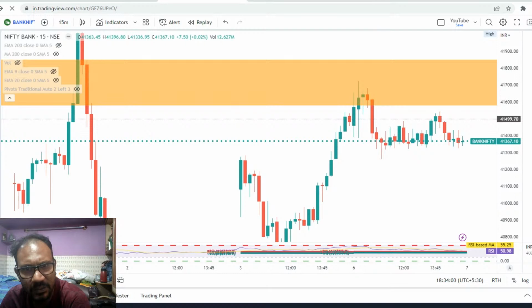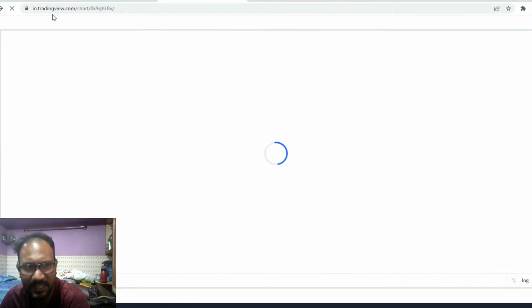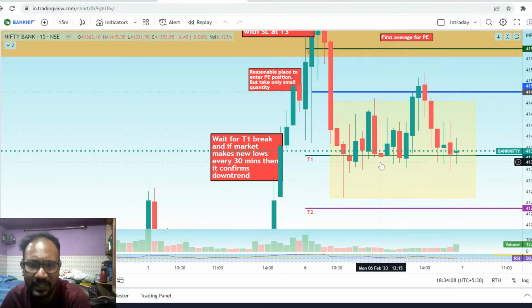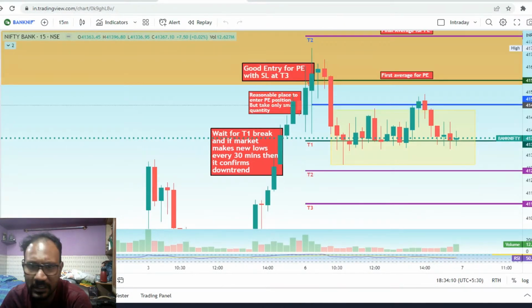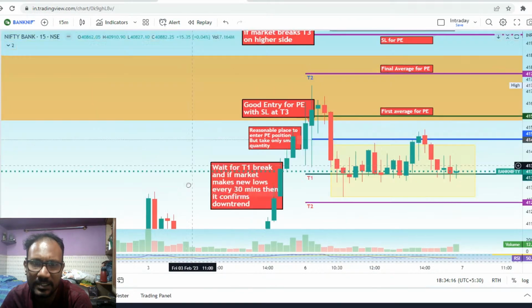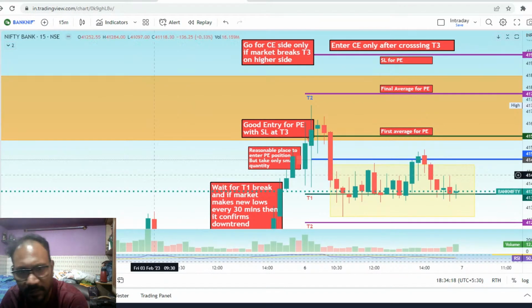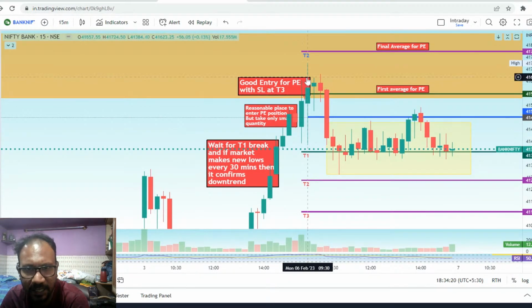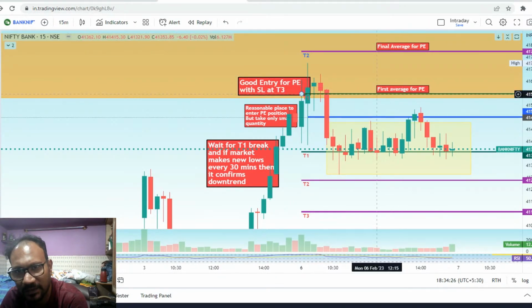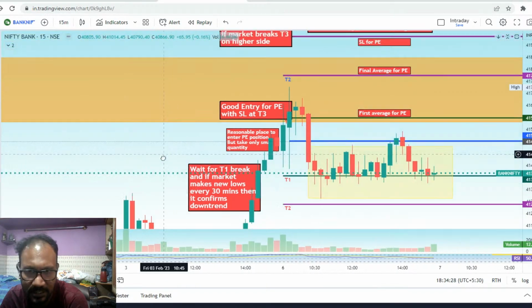But today, how we used that information of drawing these levels to our advantage, let's explore that. Because we were able to take real advantage of that. We have drawn all these T1 levels, T1 on the higher side, T1 on the lower side, T2, T3, and so on, right? Then when there was a rejection, and the subsequent candles started coming down, we clearly knew that this is going to be a very strong resistance point.